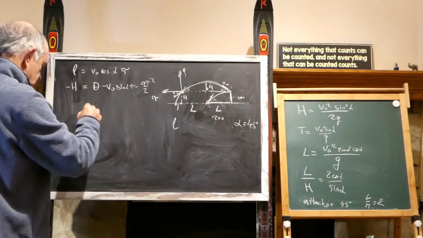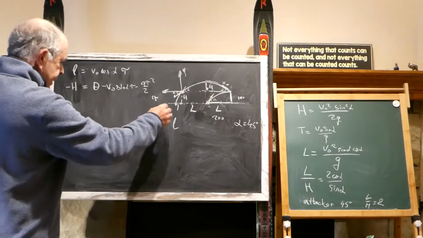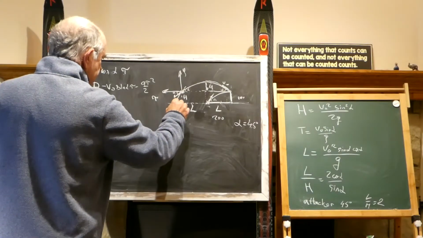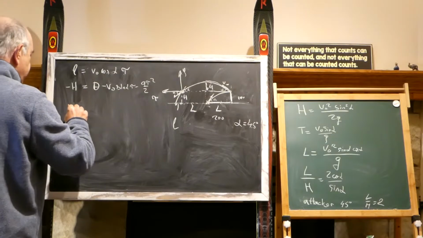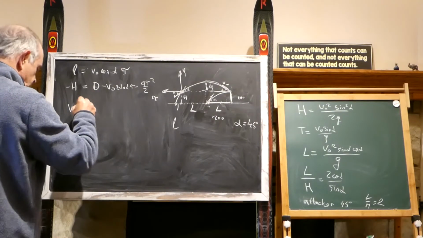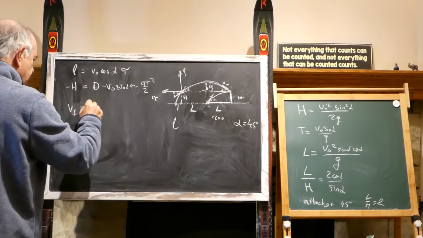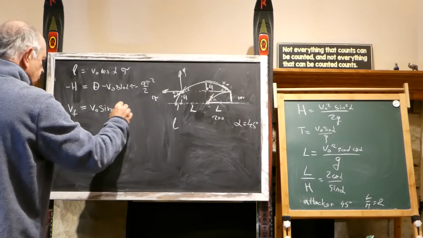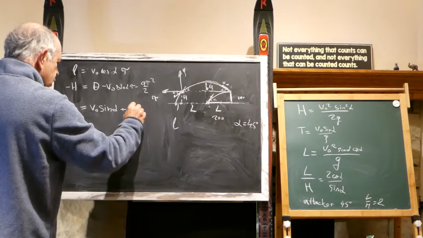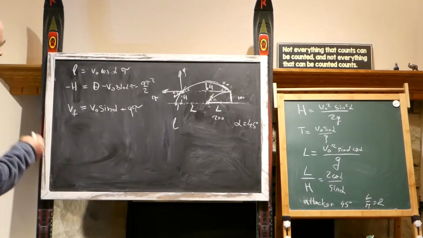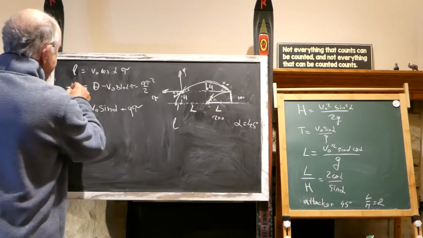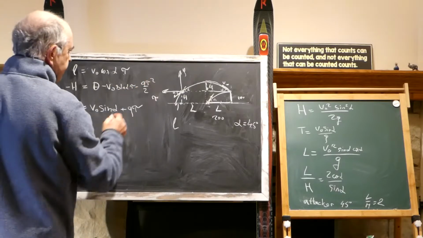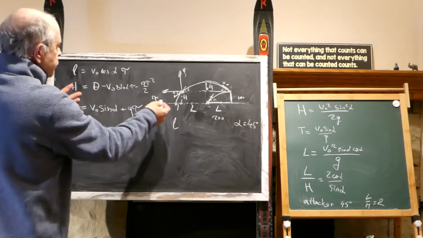I also can say that the final speed along the y-axis, v final, would be v0 sine alpha plus g tau. Alright, so let's continue with this. We want to find how we will solve this.